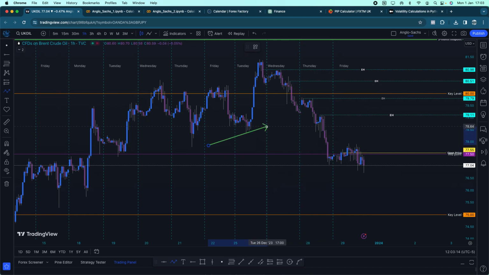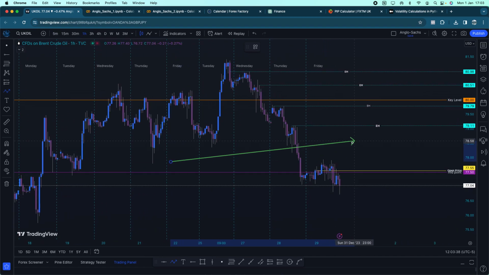In my original video, part 1, I was looking at this move going into the end of the Christmas week, but I was also forecasting that I'd like to see price trade back down, potentially into this key level, and then start to build up some momentum and push higher going into January, February, and March.